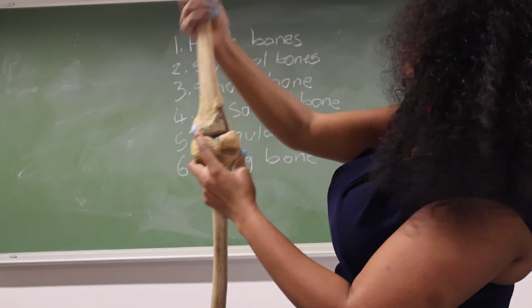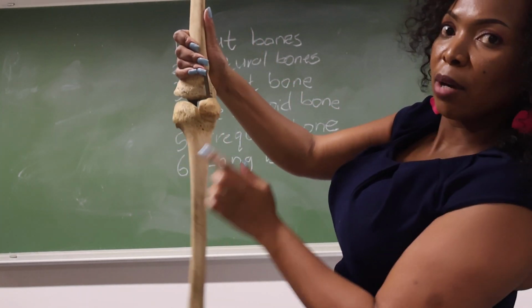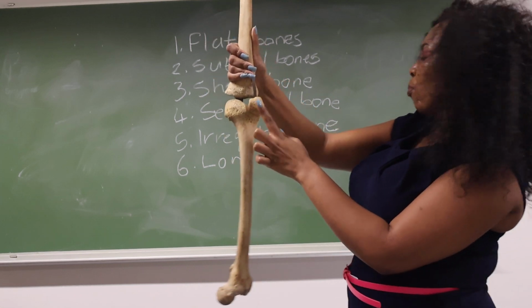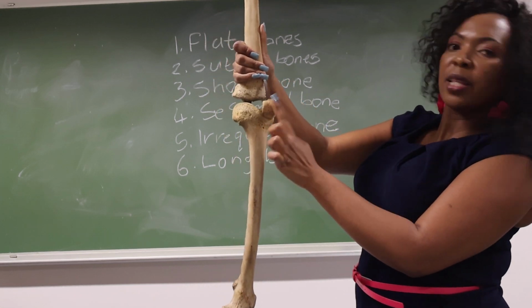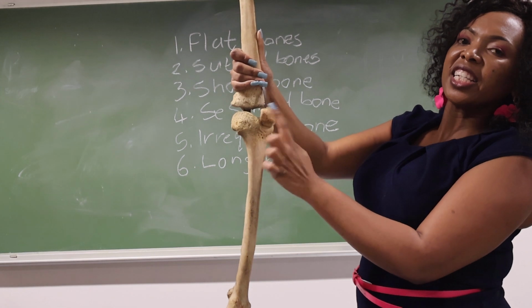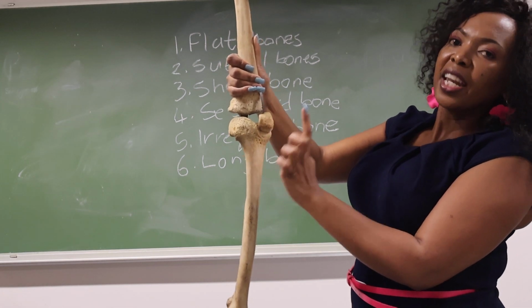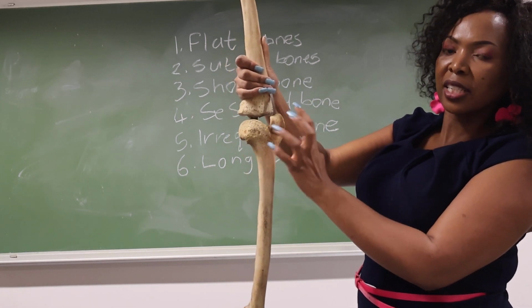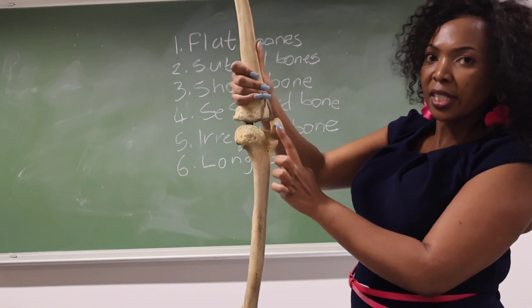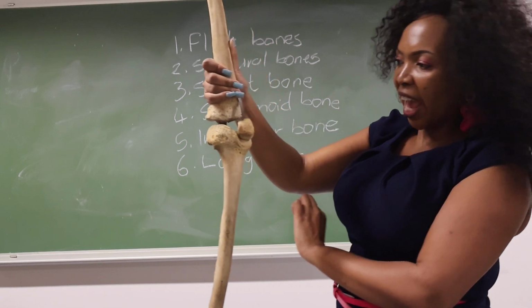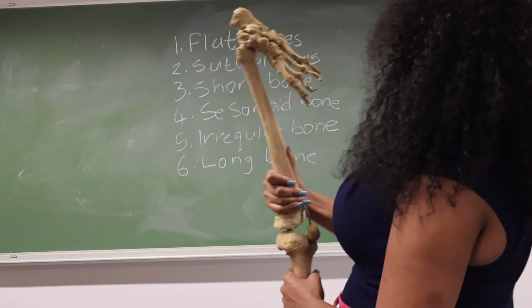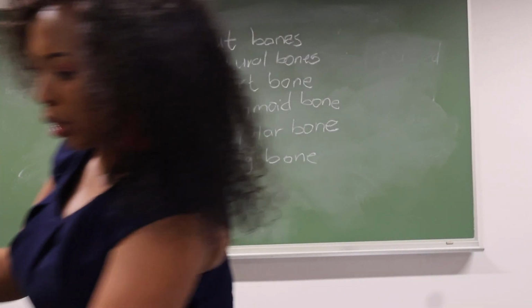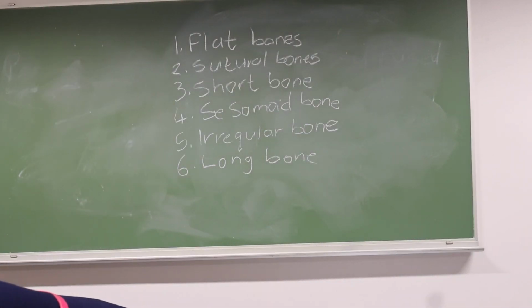And the sesamoid bone, this is an example of a sesamoid bone. These are the bones that are normally inside the tendons next to the joints in the knees, or the joints in the hands. So I covered all the shapes of the bones.